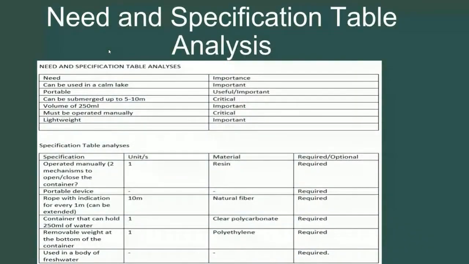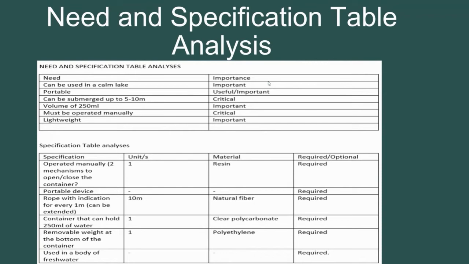And here is the need and specification table analysis. The need list that our client provided. On the right hand side, the important level. They want their products to be used in the calm water. They want the products to be portable, can be submerged up to 5 to 10 meters.